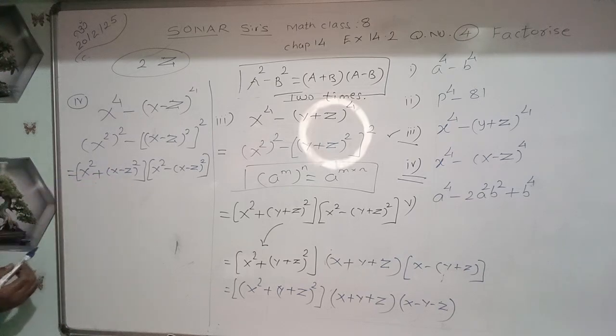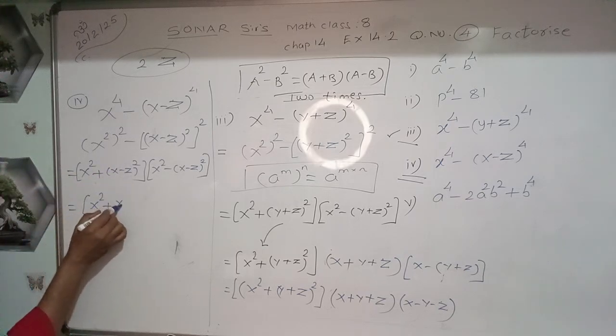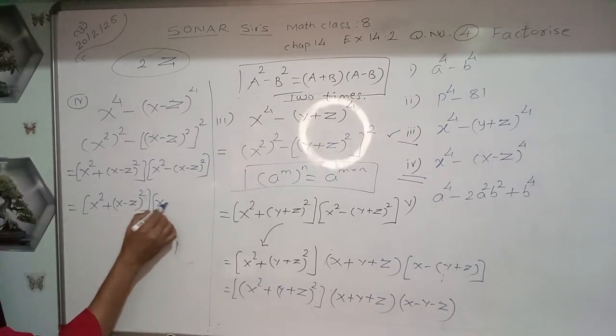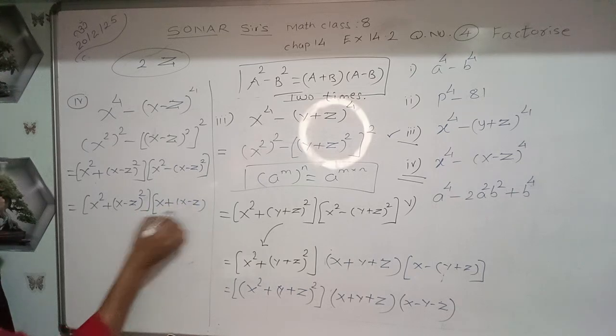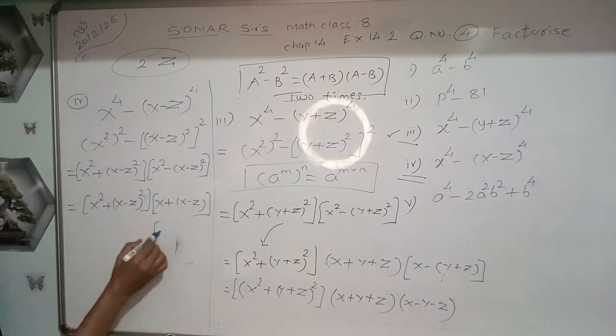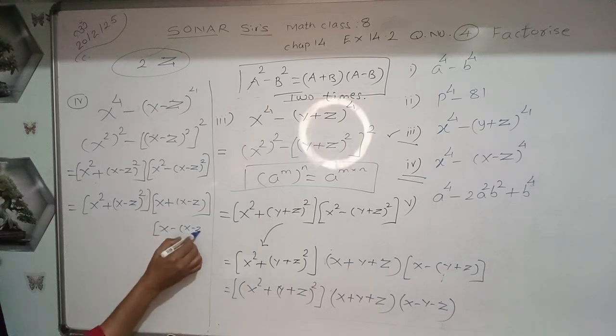You can utilize here (a minus b) bracket square, but there is no further change in the factorization. Here again x plus in one bracket and in another bracket we have to take their subtraction.